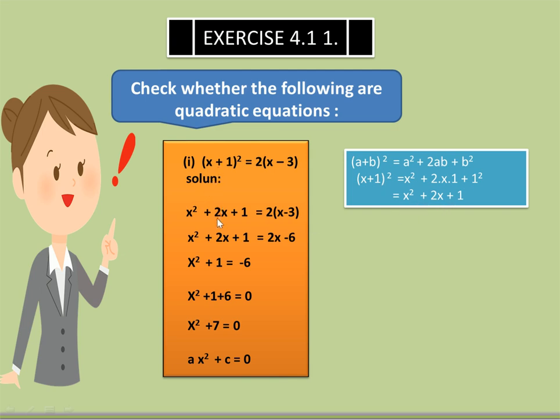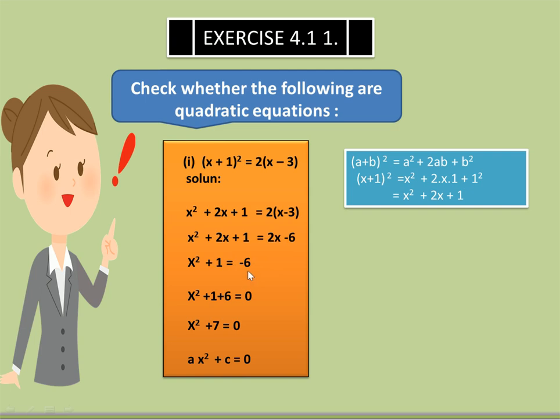Now write below the equation, x square plus 2x plus 1 is equal to right hand side 2 into x minus 3. Now simplify the right hand side. It's a 2 into x, 2x, 2 3s are 6, sign minus. Okay, now simplify x square. Here 2x get cancelled. The remaining number is 1 is equal to minus 6.